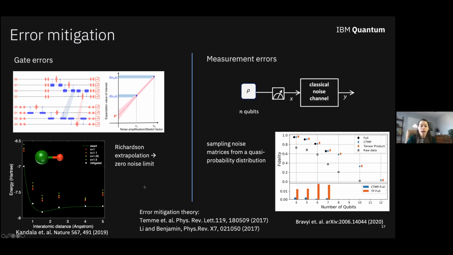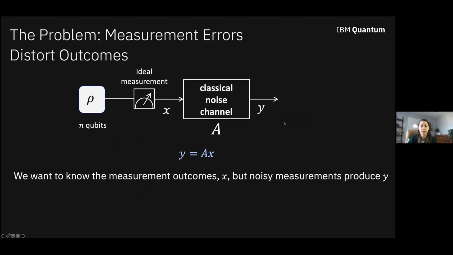Now, on the other side here, we have measurement errors, which we also need to think about how to mitigate. And while we have a classical processing step here where we have to do the extrapolation, on the measurement side, we found that the classical post-processing step is very intensive. So I'm going to walk through this example in a little bit more detail.